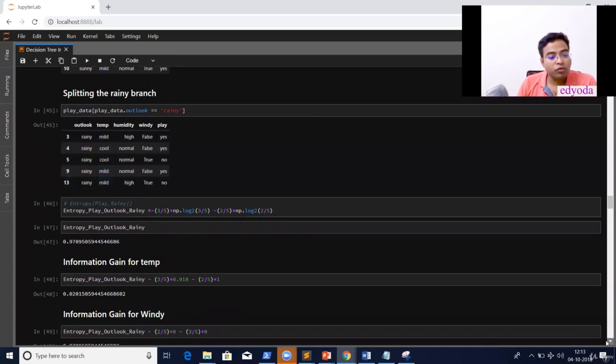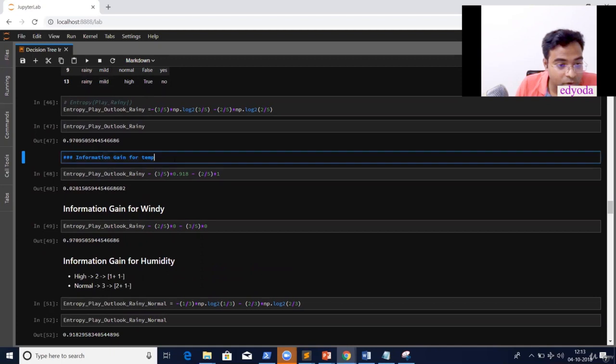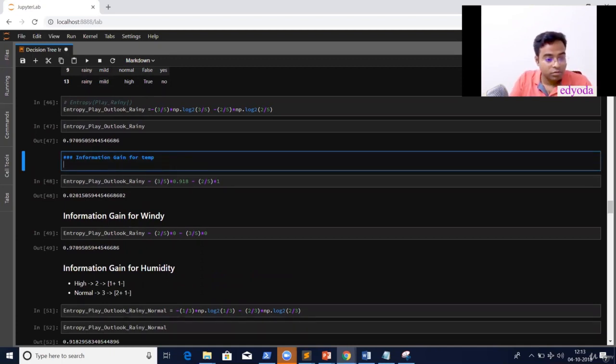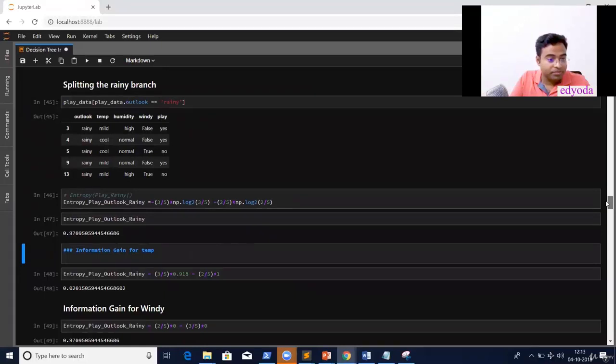Now we want to know what happens when we split it, what is the information gain when we split it by temperature. Okay, so you can see here there are two values of temperature: mild and cool.